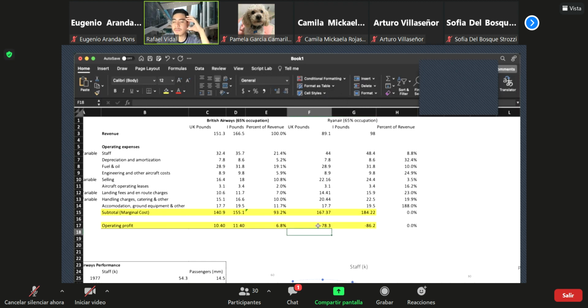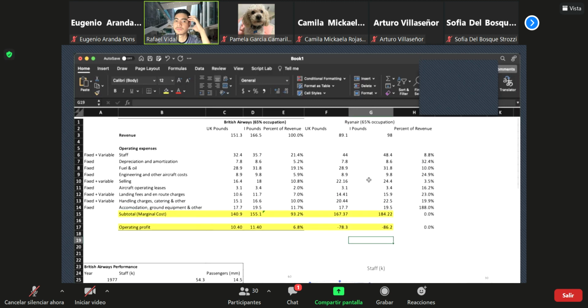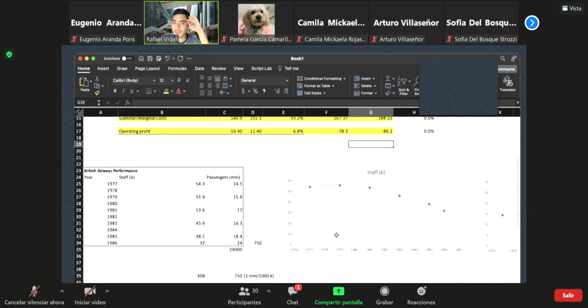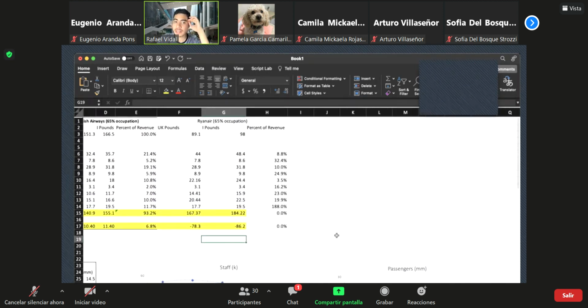You're not going to have any profit. Very low price, very low revenue, but very high fixed costs. So I suggest Ryanair not enter this new service. That's my final conclusion, my thesis. After all of this analysis, I can argue why.